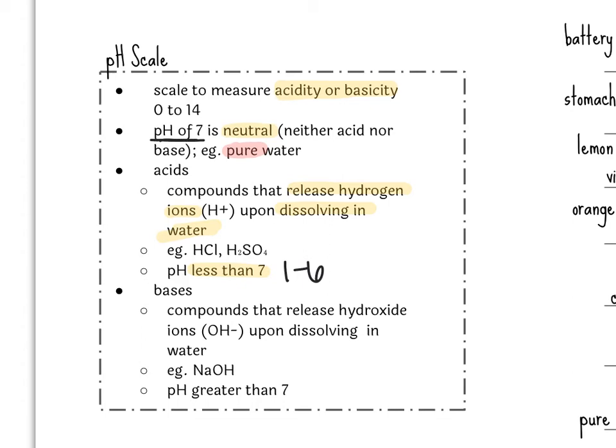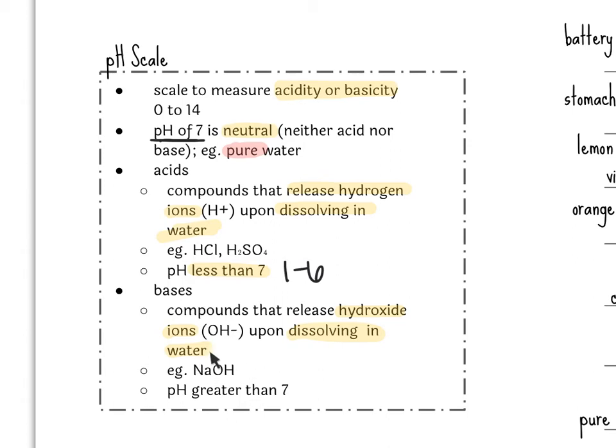So we'll move on to bases. Bases are compounds that release hydroxide ions upon dissolving in water. Hydroxide ions can be abbreviated OH negative. They are a negatively charged ion.